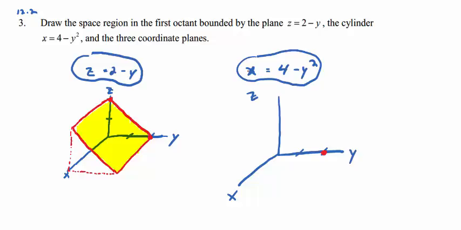And then if I plug in 4 for x, I actually get 0 for y. And the generating curve, which is a parabola in the xy plane, should open kind of sideways like that. But in the first octant, this is all you're going to see.